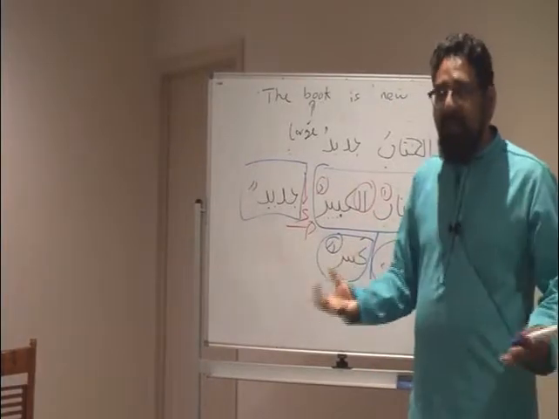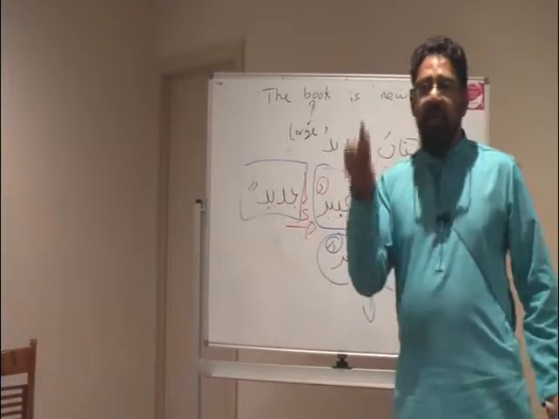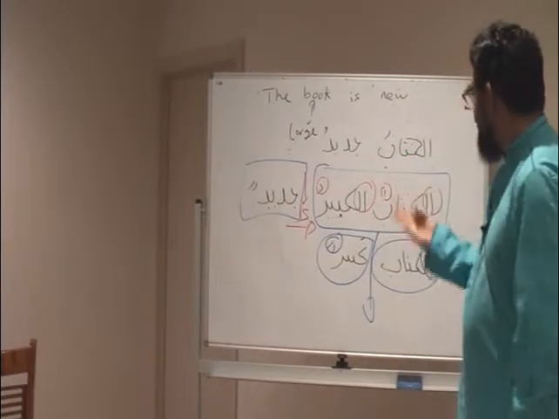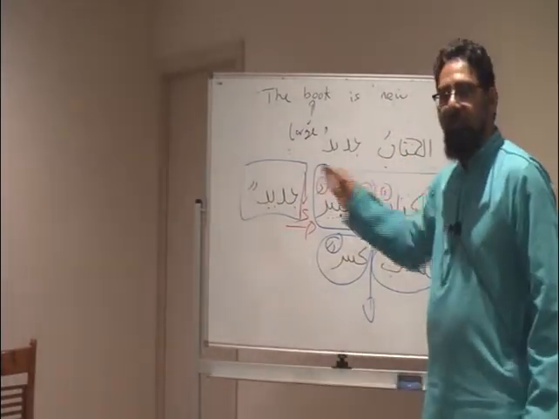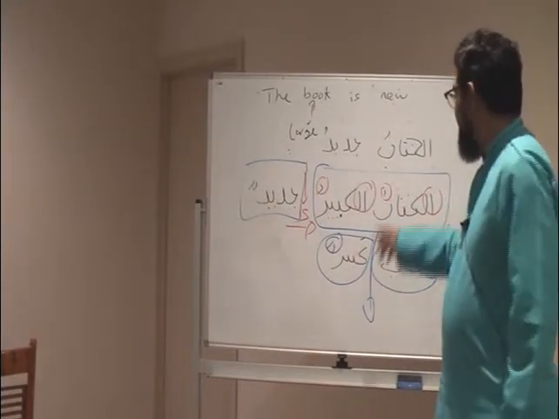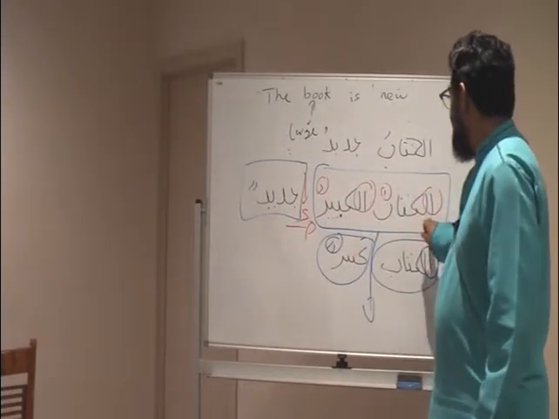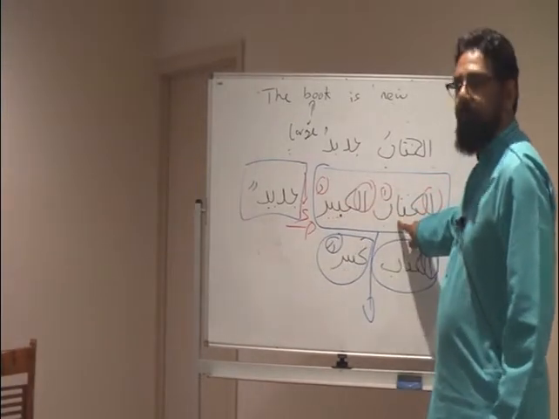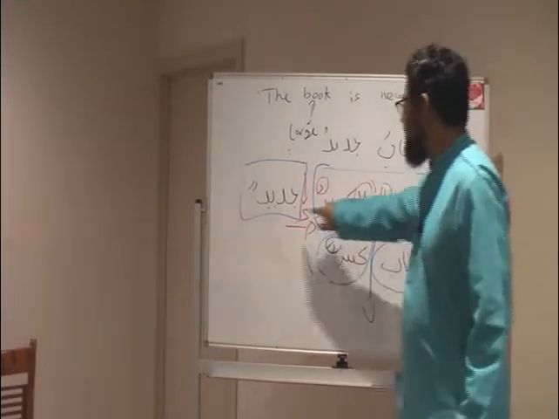I know there's a book, big, and new. What is coming together here? This is where you have to know the grammatical phrase relationship. The fact that these two are matching is a mawsuf sifa, so that must mean that kabir is describing the book and not describing the new.